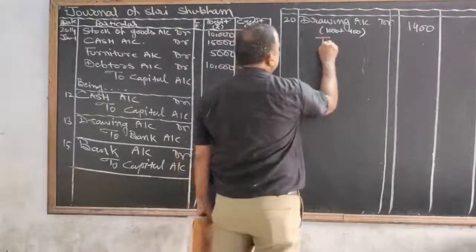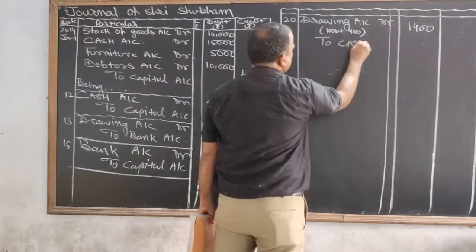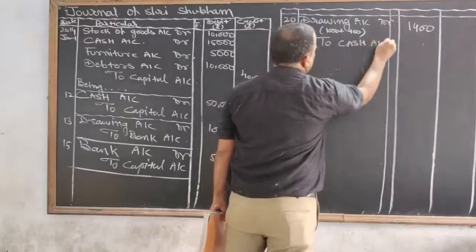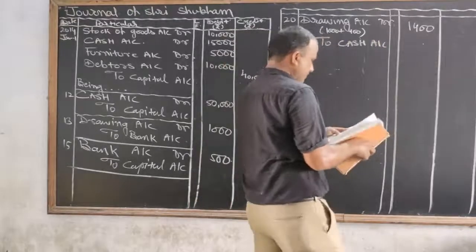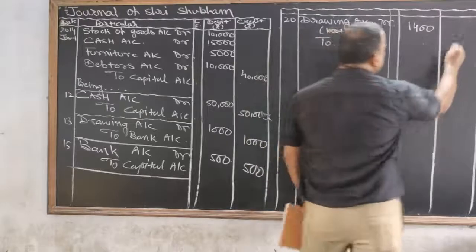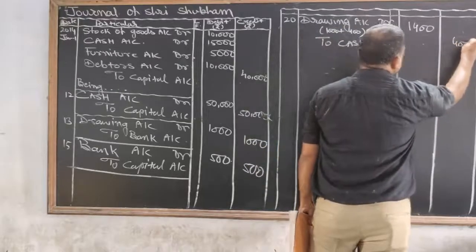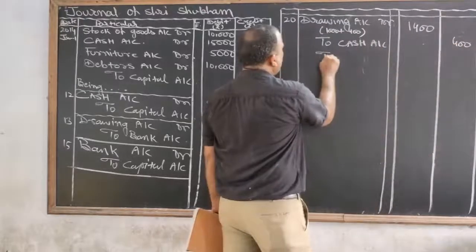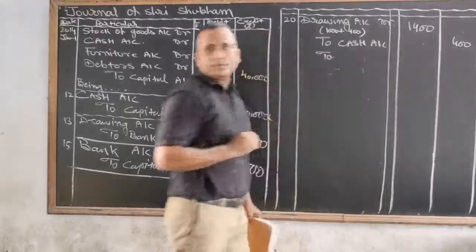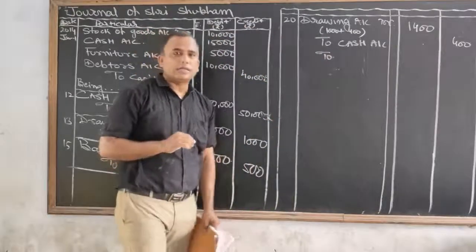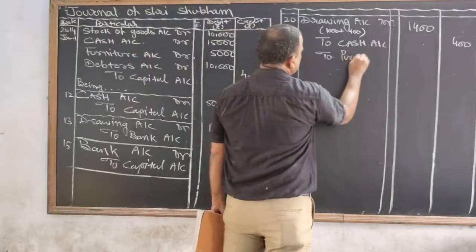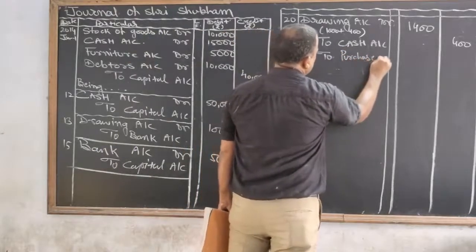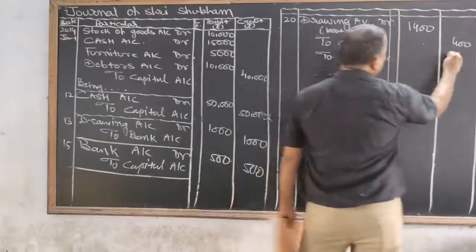Cash account is affected because cash goes out, worth rupees 400. And goods go out other than sale. That's why purchase account.